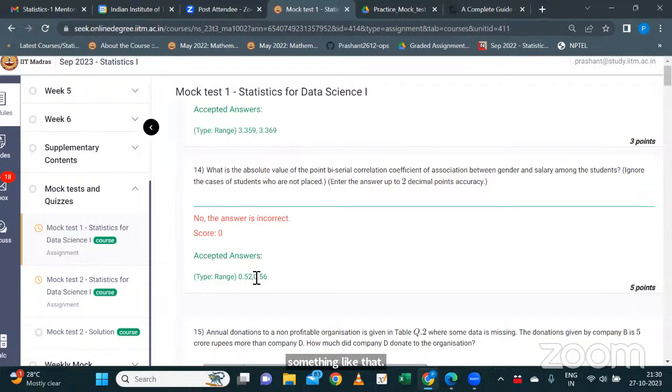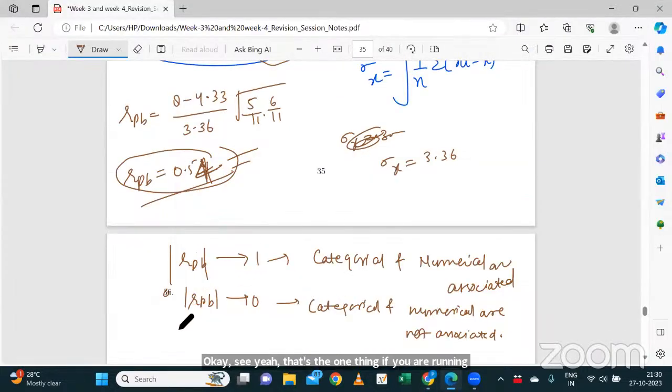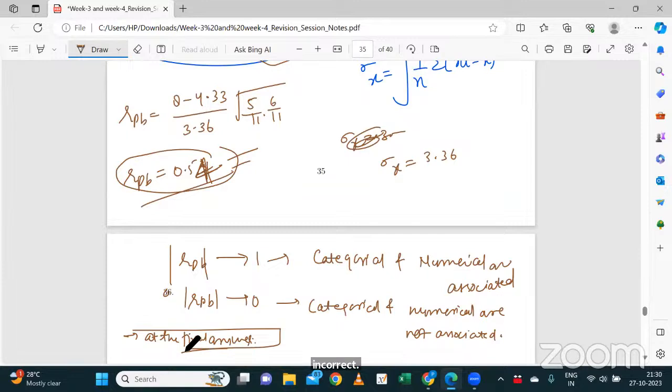Maybe you rounded off the value in the initial steps. Keep in mind, just round off the values at the final answer. I'm not saying that rounding off initially is incorrect, but if you round off the value in the final answer, you will get the precise answer.